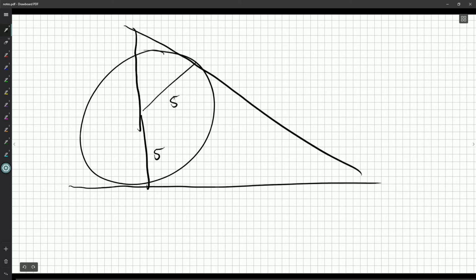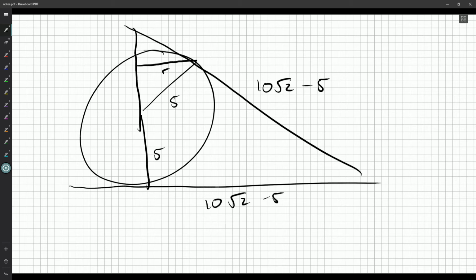Could probably bust out some trigonometry and do this. Drop a perpendicular down there, so it'd be that minus R, and then we can work out the height, I think.